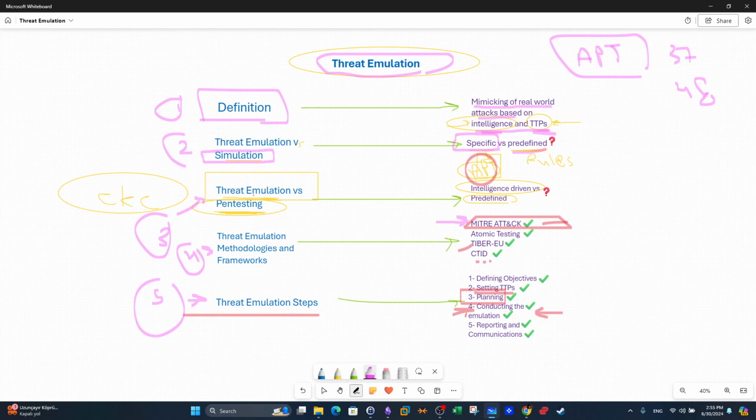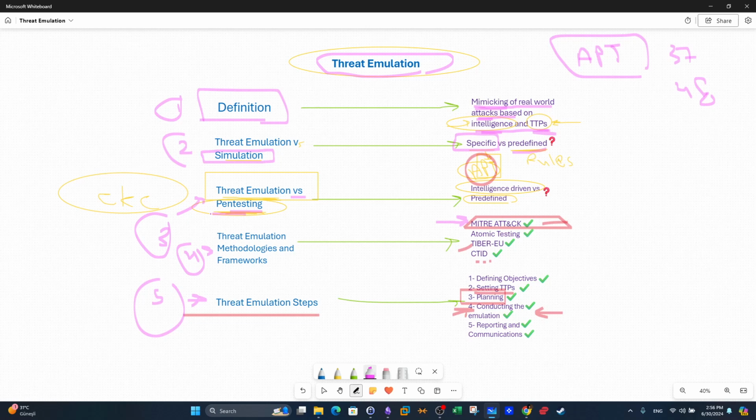Now let's compare threat emulation with pen testing. What is the difference? In both processes, we are mimicking the attacker's behavior. In pen testing, we have a team of professionals who go through typical steps that the attacker would go through in order to demonstrate that a system can be compromised.